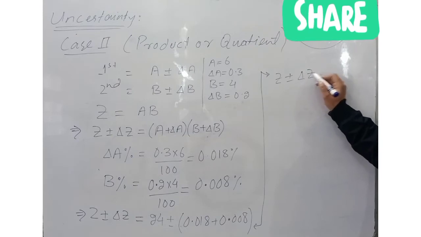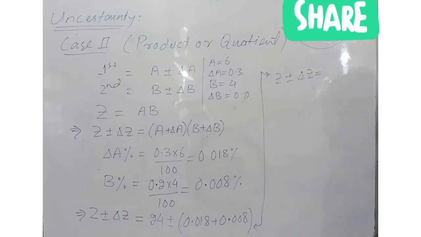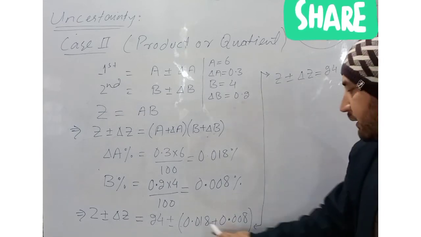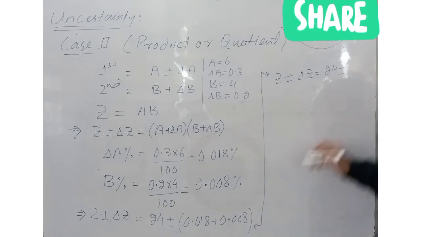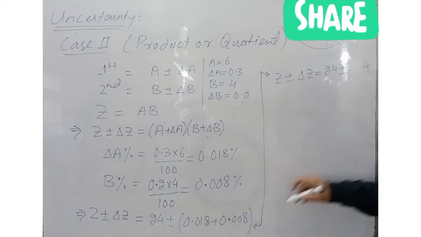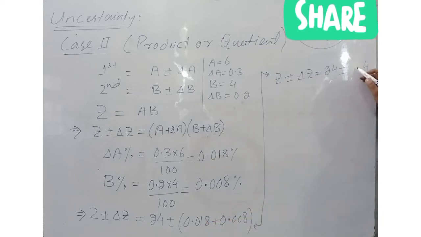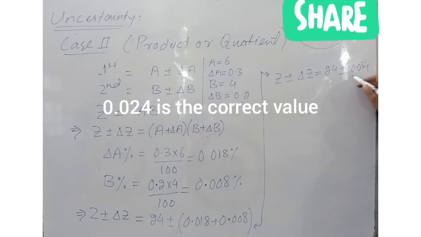Delta Z, that is the uncertainty in the total measured value, will be equal to 24 times the sum of these two values, which gives us plus minus 24 times 0.034.